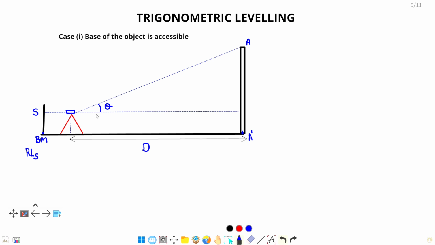Then by using the theodolite we will measure this vertical angle theta, and sight the point A here. Now we know by applying simple trigonometrical equation that tan theta will be equal to what?